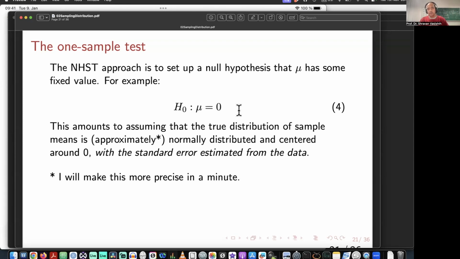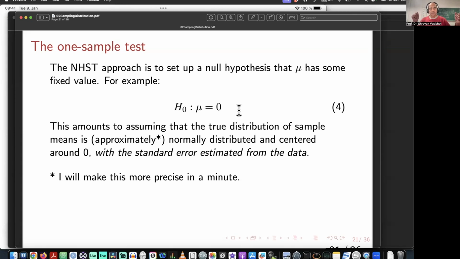We set up a null hypothesis. We're going to collect a sample of independent data, compute the sample mean, and try to find out if our sample mean is consistent with the hypothesized mean or not. Okay, so I'm going to make precise what it means to be consistent with the hypothesized mean.